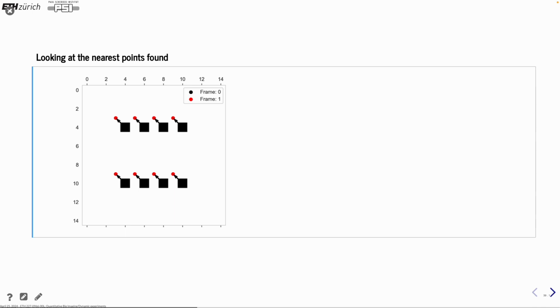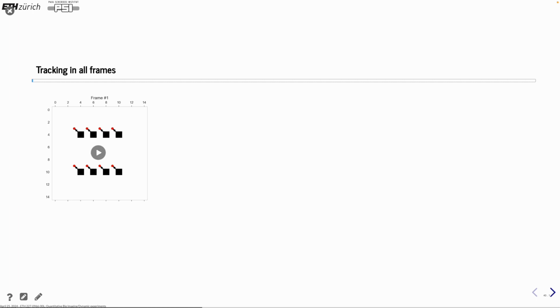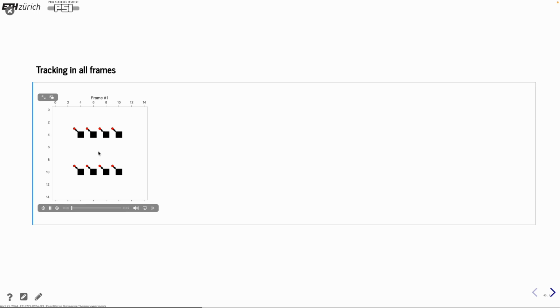And in the end, we have found our nearest neighbor points, and it points straight up in the left corner. And here we can continue tracking in all frames. So then we have to take the sequence one after the other.